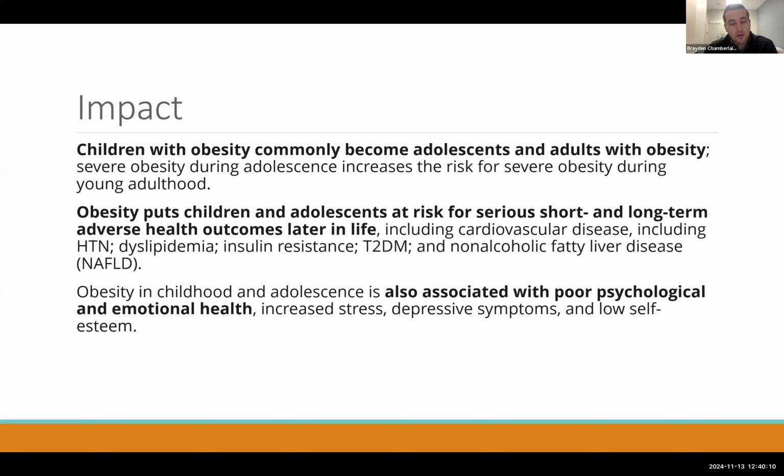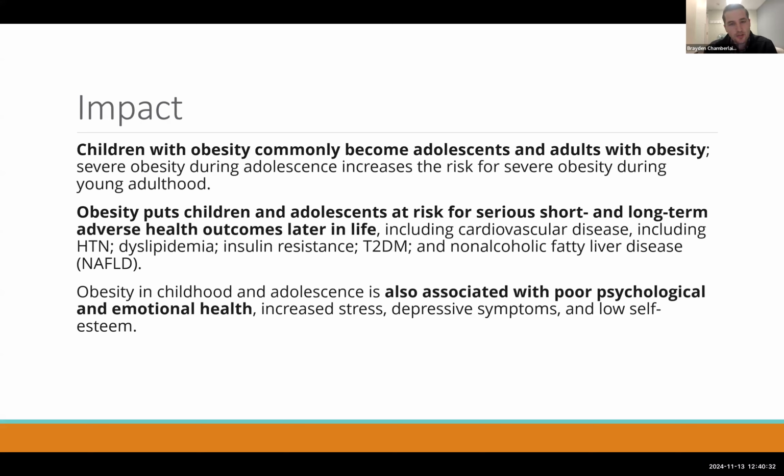Obesity puts children and adolescents and later adults at risk for adverse health outcomes, including cardiovascular disease, hypertension, dyslipidemia, insulin resistance, diabetes, and liver dysfunction.